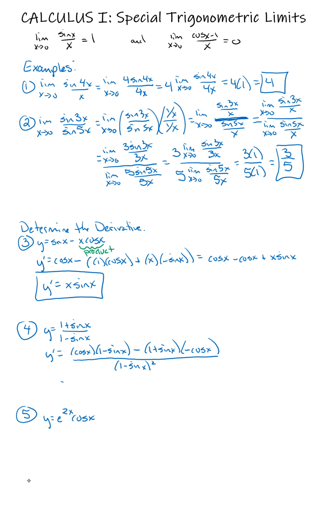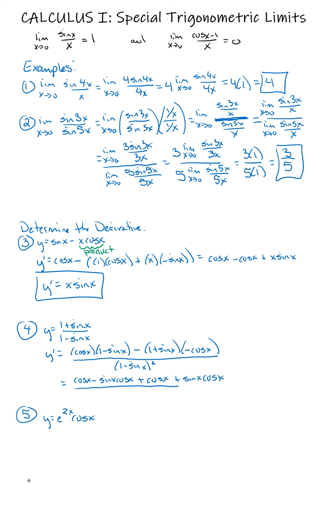Well, let's see, what do we get here? Multiply some things out, we get cosine of x minus sine x times cosine x minus, now watch this, be careful, I've got a negative here and a negative here. I'm going to go ahead and distribute both those negatives along with that cosine x there in the back. Again, watch those positives and negatives, so we end up with plus cosine x plus sine x cosine x.